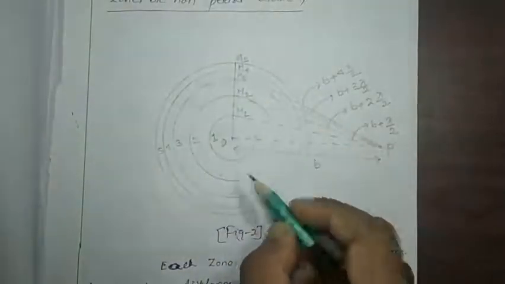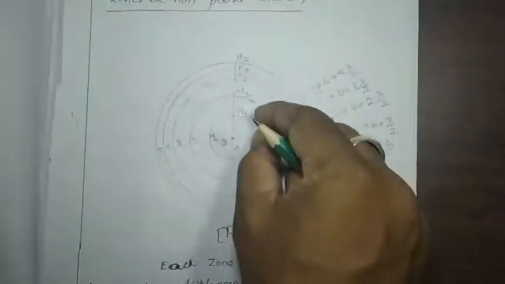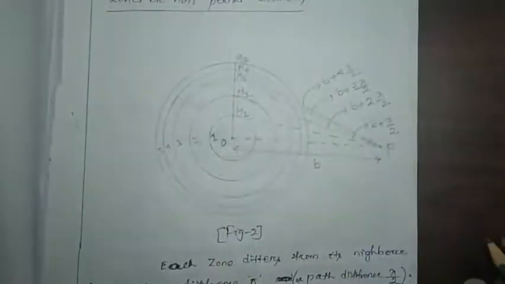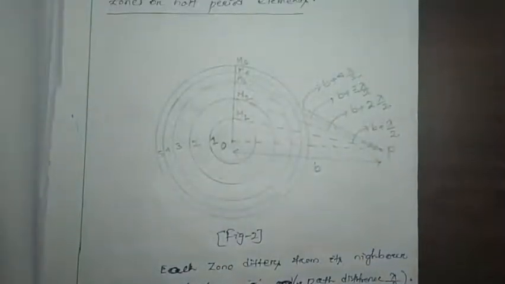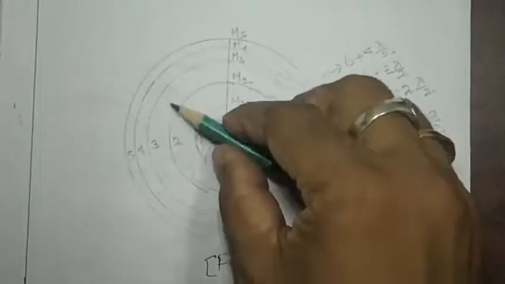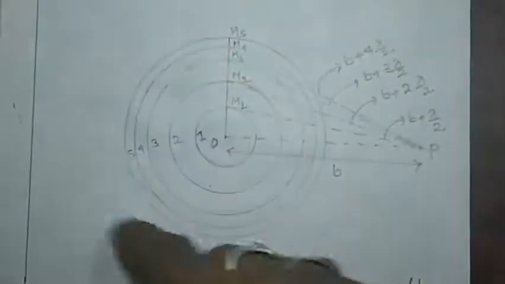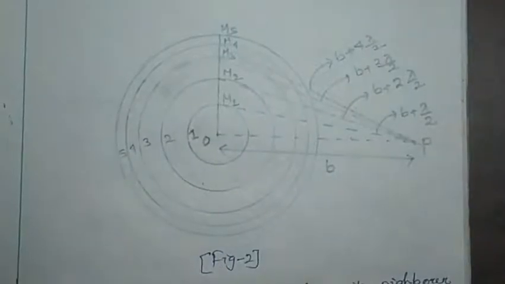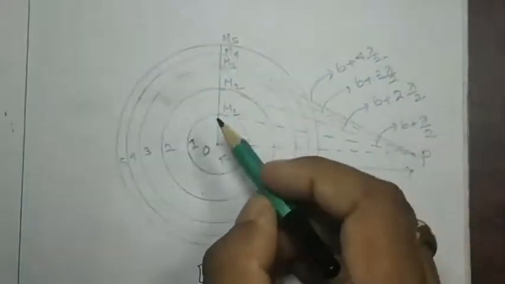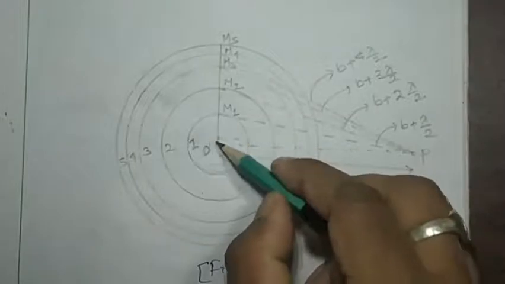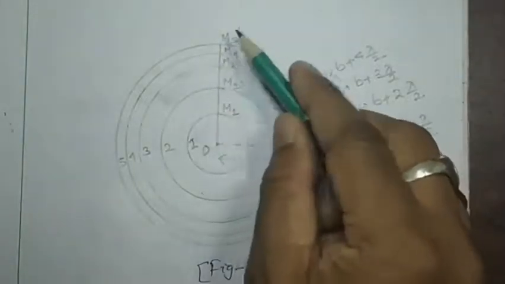This annulus is the second half period zone. Then this annulus is the third half period zone, like that. And the radii are OM1, OM2, OM3, like that.